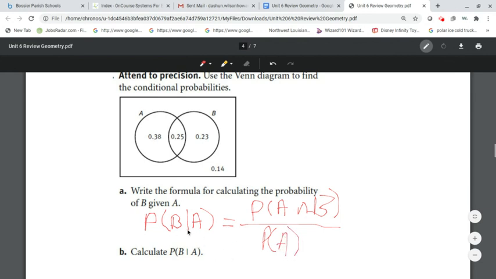Okay, so the given is A. We're going to find the intersection, and the intersection is the both, so that is 0.25. And then we're going to divide it by the probability of A. Remember, the probability of A is this whole circle, so you need to add those two together, and that is 0.63. And we're going to divide that, and that will give me my answer.